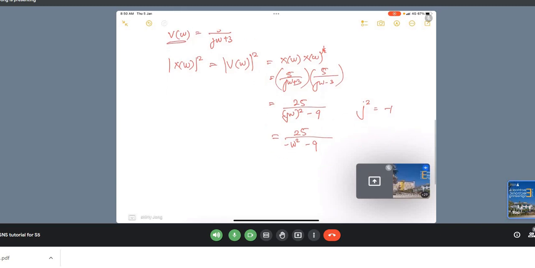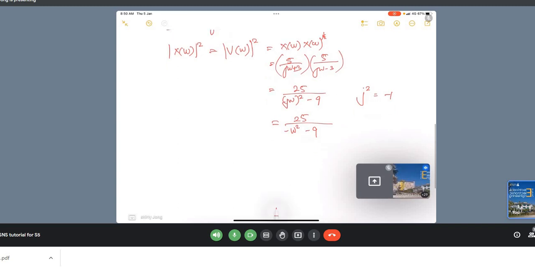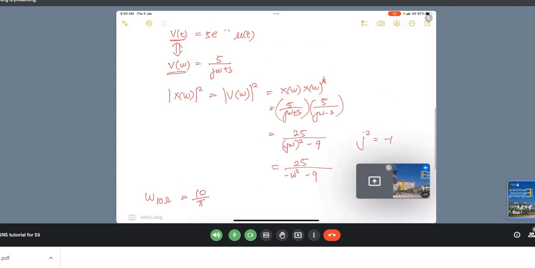Okay, so what is next? The W for the 10 ohm is 10 divided by pi, because we are talking about the 10 ohm resistor.